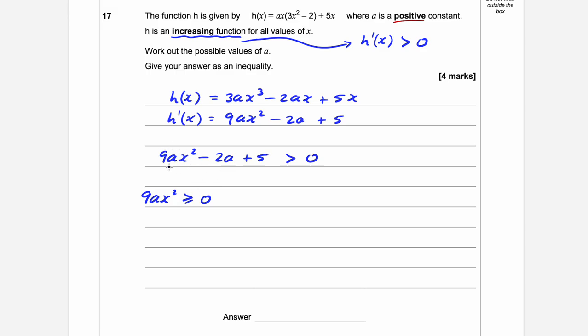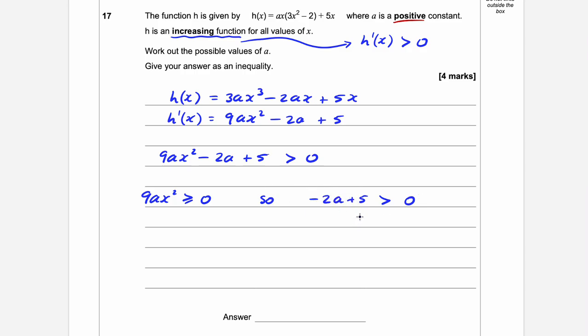So the minimum this can be is 0. But it could be 0. So if this is 0, then I need this minus 2a plus 5 to be bigger than 0 in order for the whole thing to be bigger than 0.